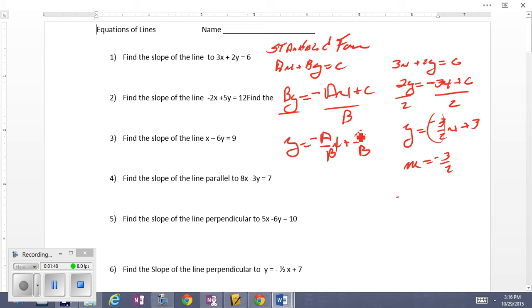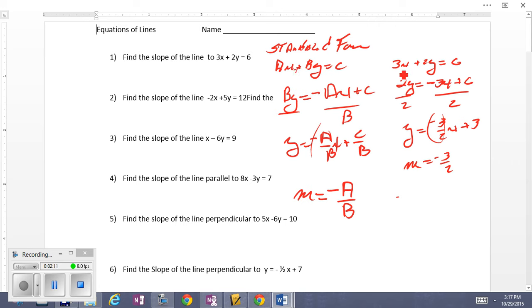That tells us, in that form, the slope is going to equal the opposite of the a value over the b value, where a is the number in front of x, the coefficient of x, and b is the number in front of y, including the sign, the coefficient.